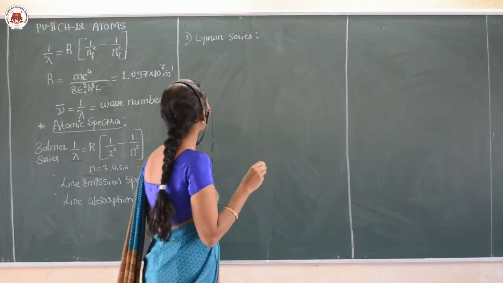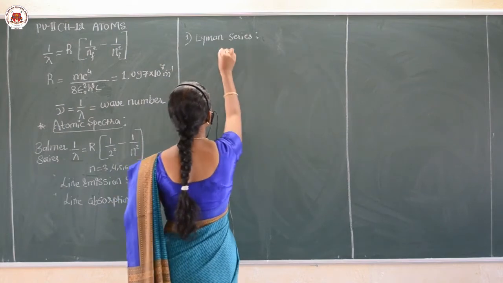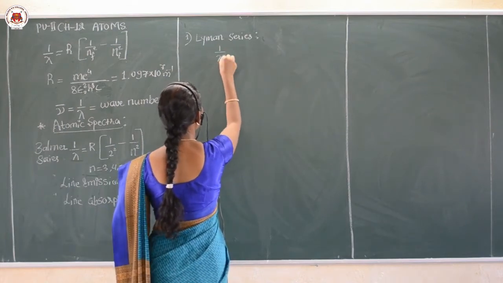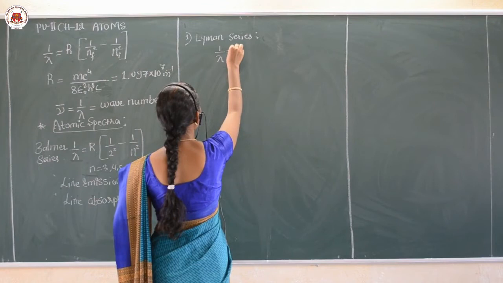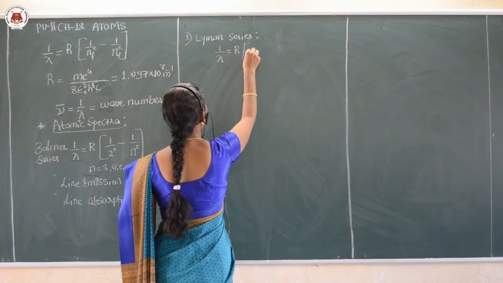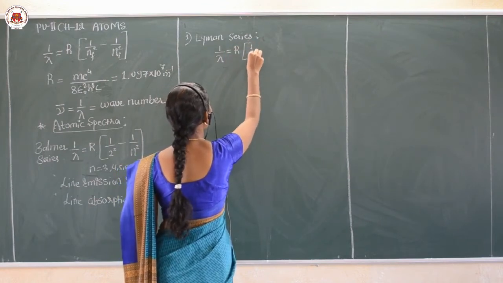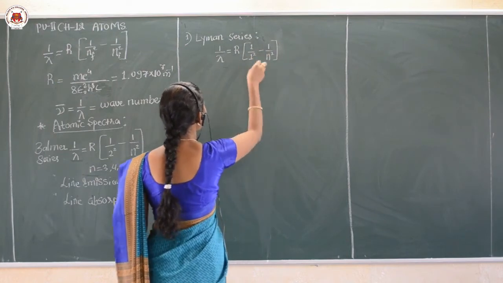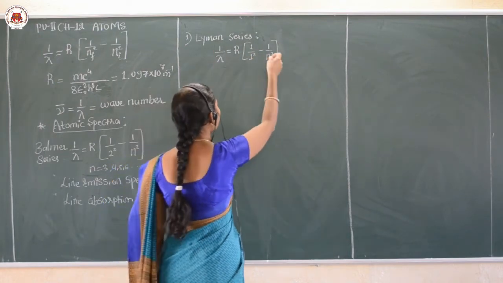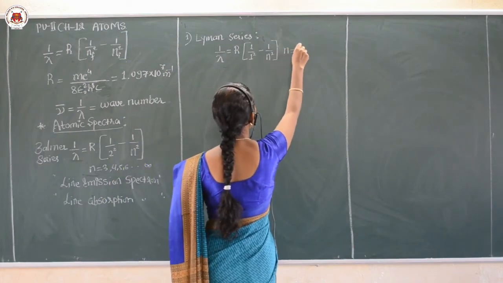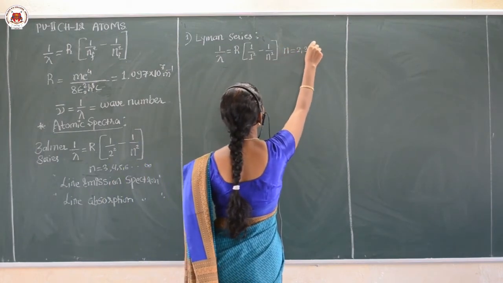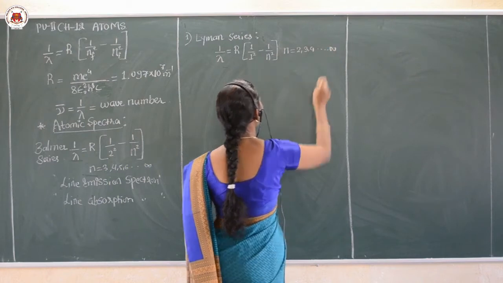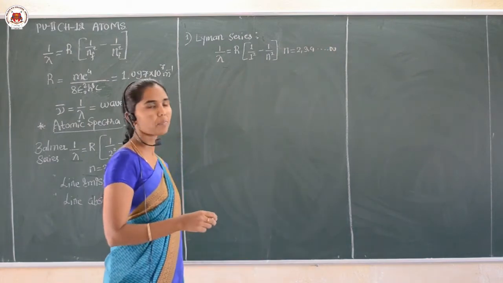In the Lyman series, the formula is 1 by lambda is equal to R into (1 upon 1 square minus 1 upon n square). In this case, the n value can be taken as 2, 3, 4 up to infinity, right.